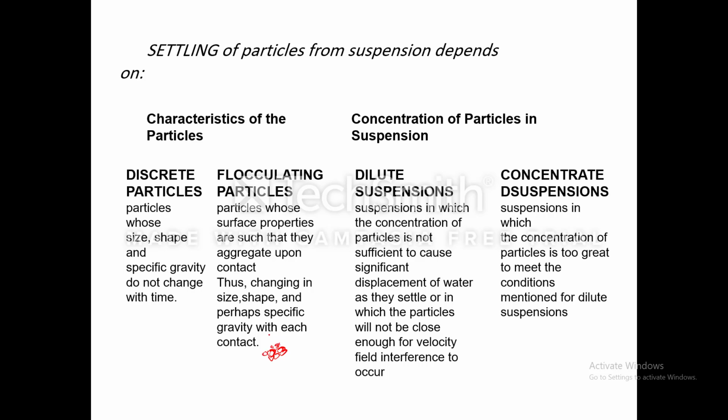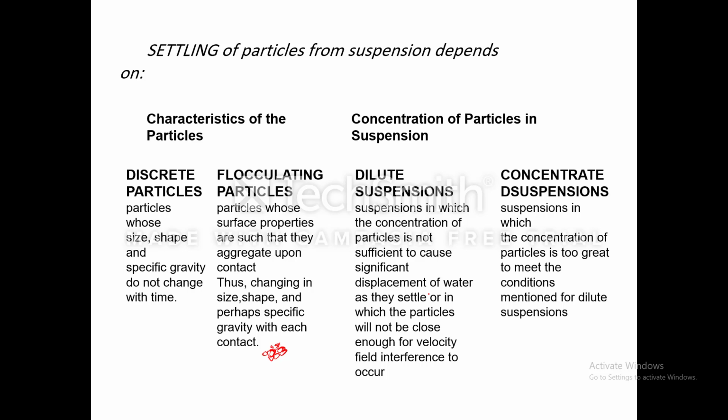Dilute suspension: a suspension in which the concentration of particles is not sufficient to cause significant displacement of water as they settle, or in which the particles will not be close enough for velocity field interference to occur. What we mean here is that each particle, when it settles down, will displace a quantity of water, and as the particle is very small, there is no significant displacement of water.